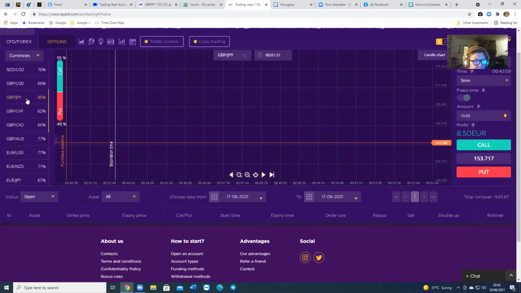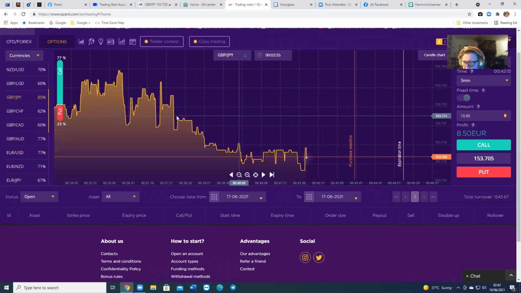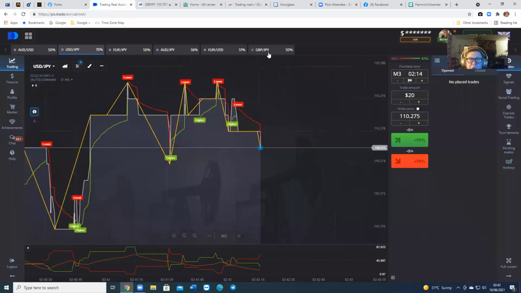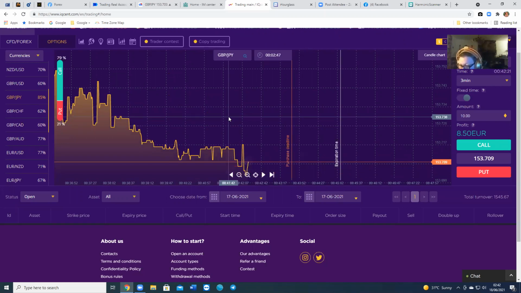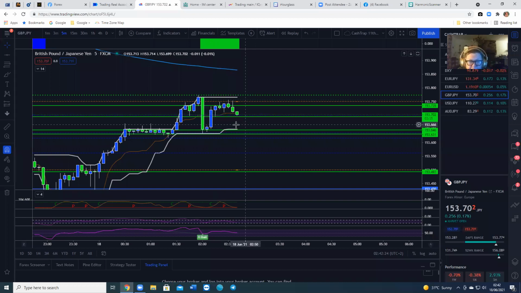GJ again, 85% on here, 717, 705, it's just dropped down. GJ is only 50, so certainly not taking it on there. We are at 42. GJ, here we are.